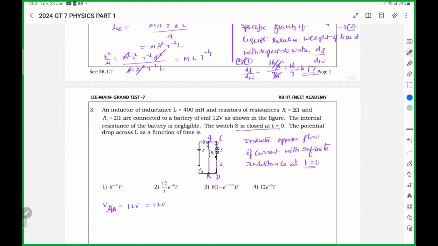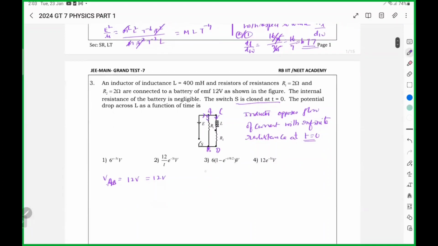That is called steady state, where current passes through the inductor like a simple wire. But meanwhile, at different timings, different amounts of current pass through it, so different potential differences exist across L. Finally I is equal to I naught.